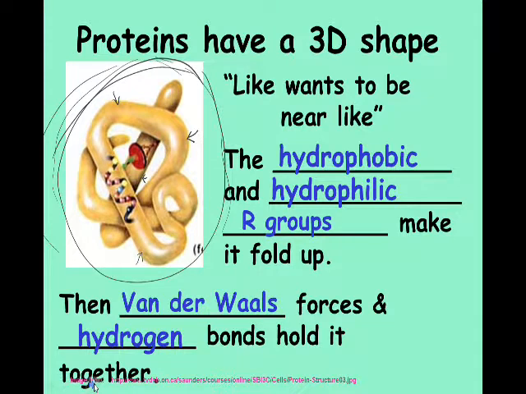We talked about van der Waals forces, tiny attractions that move and change position but help molecules stick together, and hydrogen bonds. Once I get in position and get my 3D shape, attractions between different parts of the molecule are going to help to hold that shape and keep it in place and keep it doing its job.